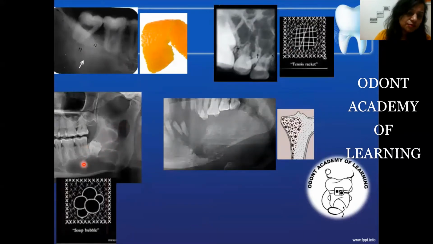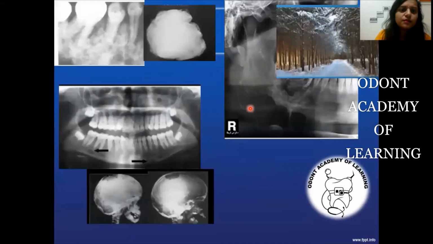It appears as small bubbles or locules, which are usually seen in giant cell granuloma. You have the moth-eaten appearance, or very irregular appearance, which is usually seen in squamous cell carcinoma. Then we have the cotton wool appearance, as though there is cotton disintegrated into different areas. This is usually seen in cemento-osseous dysplasia.